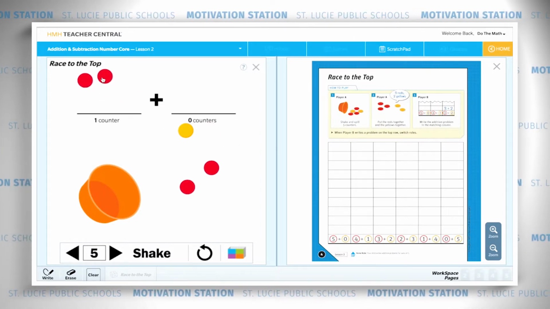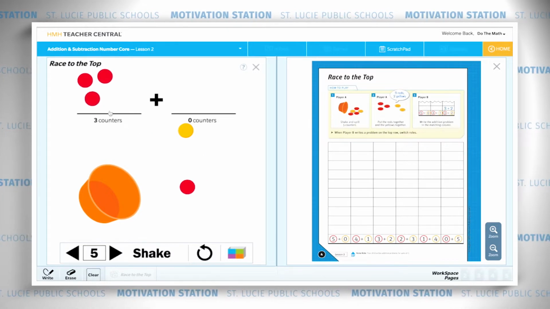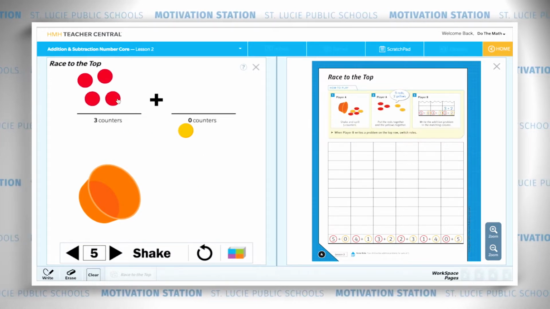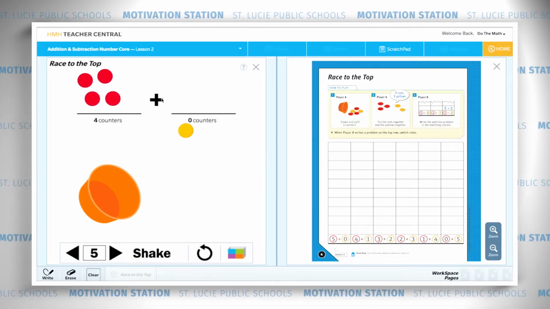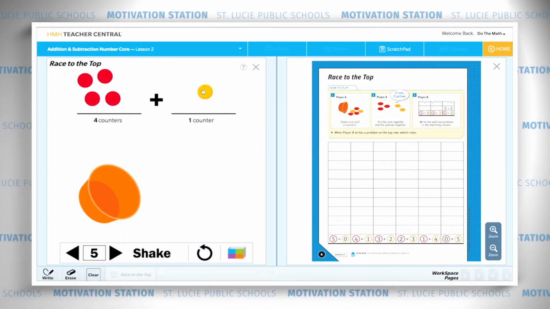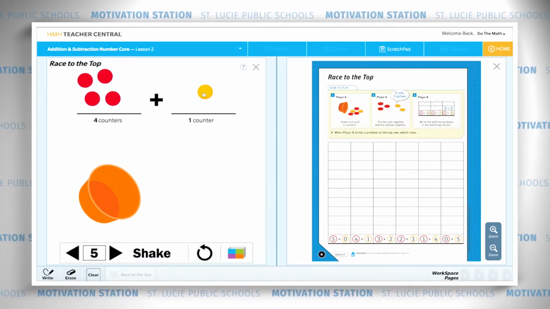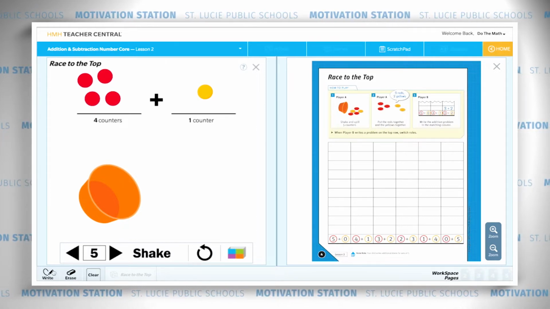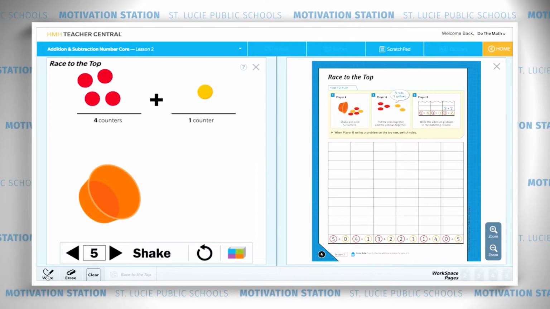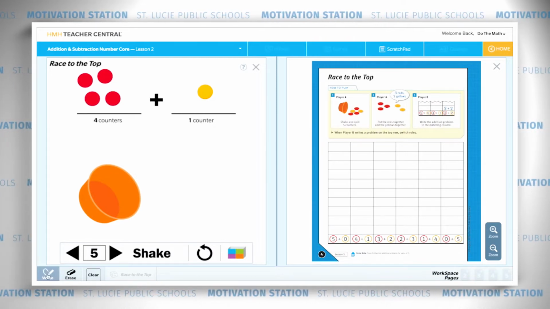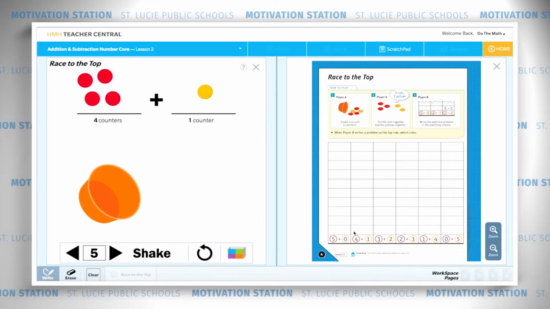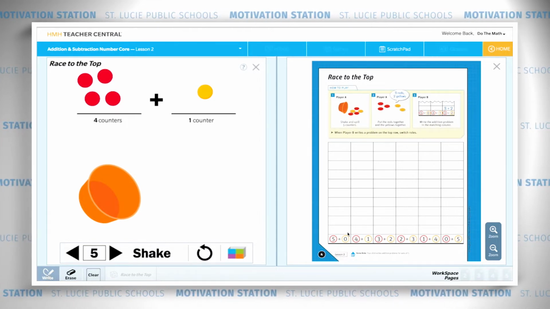Let's count with them. 1, 2, 3, 4. Always do red first. 4 red counters plus 1 yellow. So 4 plus 1 equals 5. Now, if you come down here, there is our writing tool. We're going to write on our work page over here. So we have 4 plus 1.